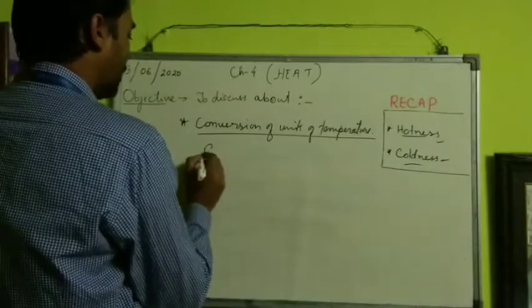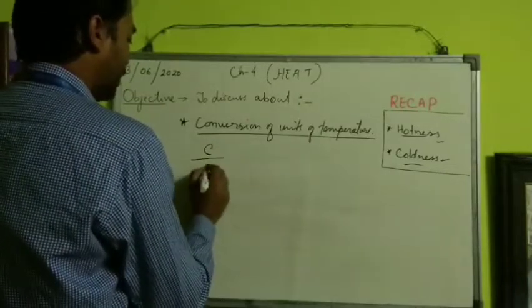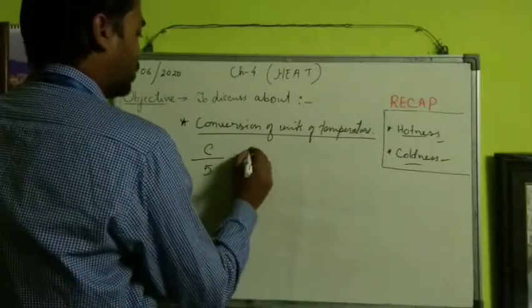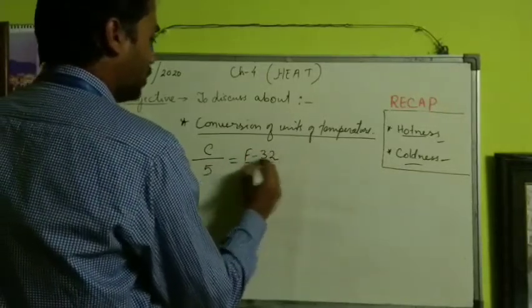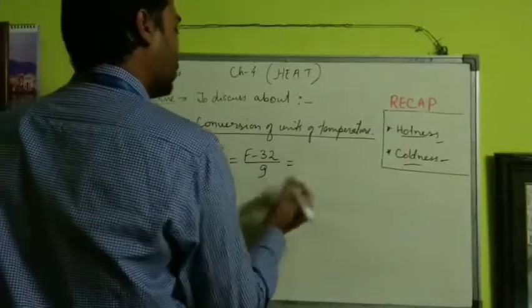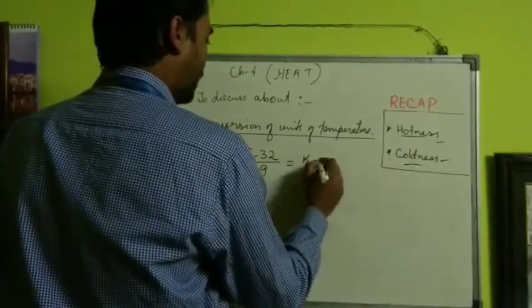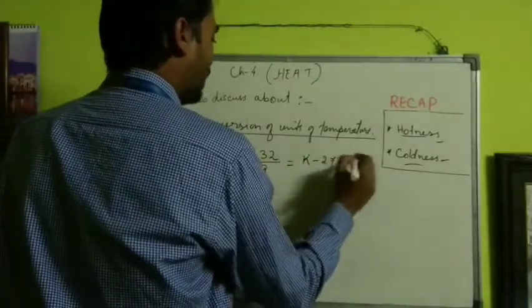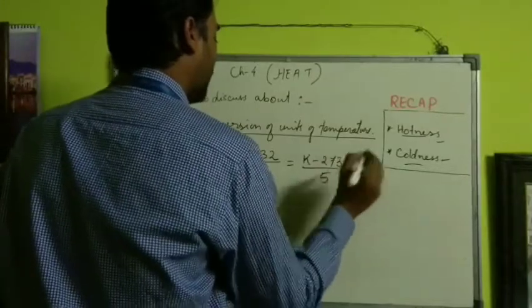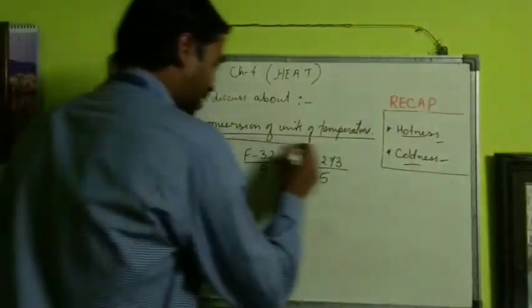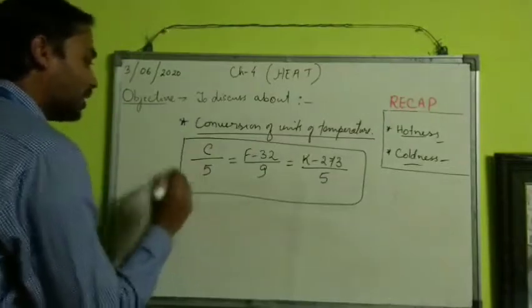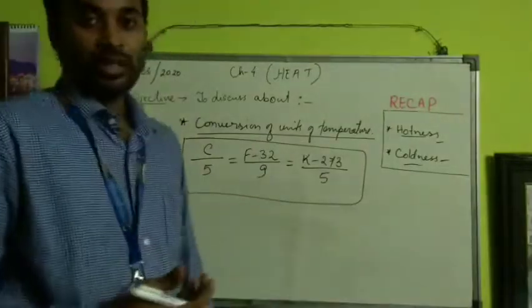So this is C divided by 5 equals F minus 32 divided by 9 equals K minus 273 divided by 5. So this is the relation that relates all the three units.